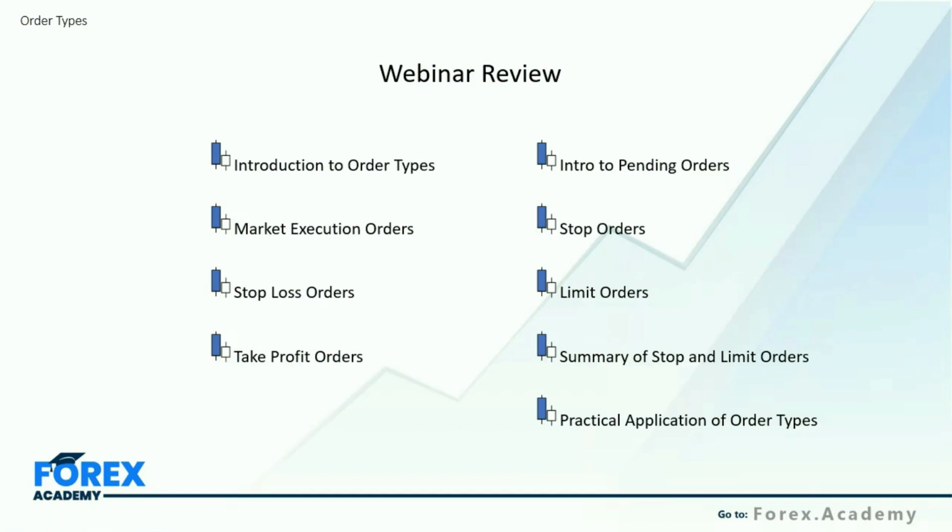So as you can see, we've had a look at market execution orders, stop loss orders, take profit orders, and a series of pending orders as well. We have 2 stop orders, 2 limit orders, and we've had a bit of a summary of that. And then we've hopefully done our best to practically apply the implementation of these different types of orders.